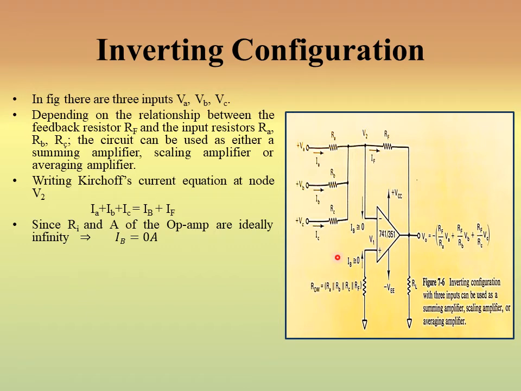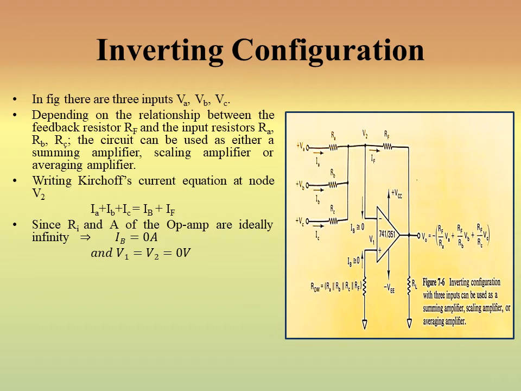So output voltage V0 upon input voltage V1 minus V2 is equal to 1 upon 0, because it is infinity. So what happens? The input voltage V1 minus V2 should be 0, or we can say that V1 should be equal to V2, and because V1 is grounded, V2 should also be 0.